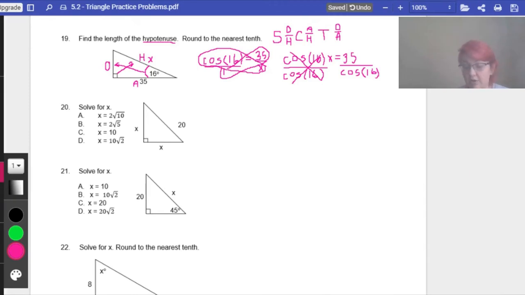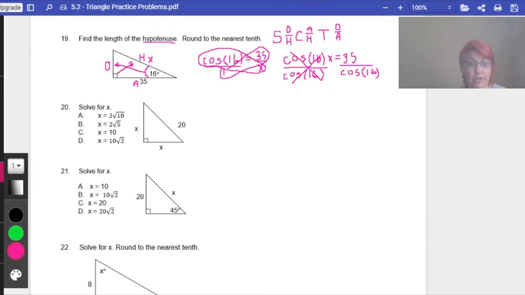So I'm going to grab my calculator and I'm going to hit my mode button to make sure that I'm in degrees. It's going to be the third line down. You want degree highlighted, not radians. Then I'll simply type in 35 divided cos 16. Now, this is different if you're using your phone.